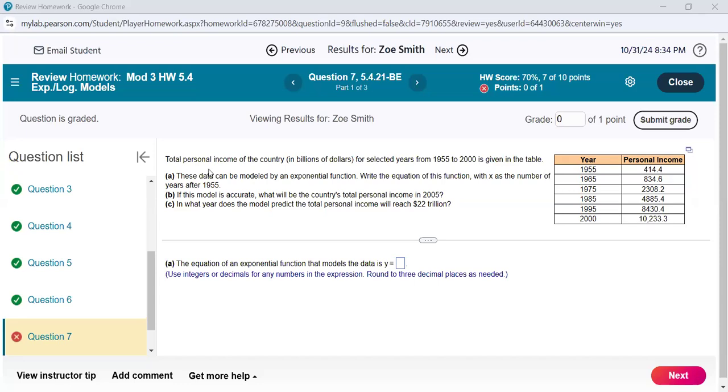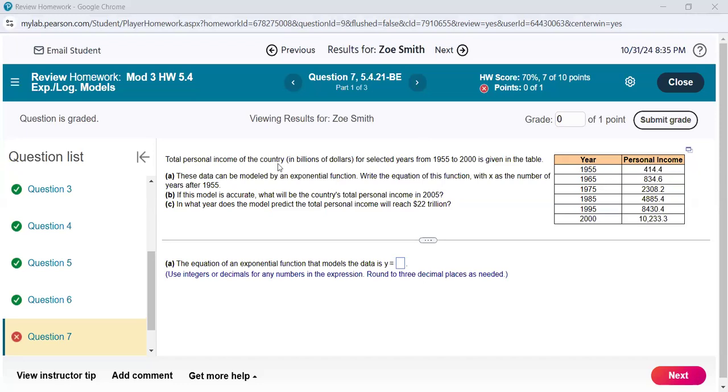So x has to be realigned to the year 1955, which means x is 0 in 1955. That's our start year. So instead of 55, 65, 75 on our x values, we will type 0, 10, 20, 30, 40, and then there's just a 5-year gap at the end, so 45.